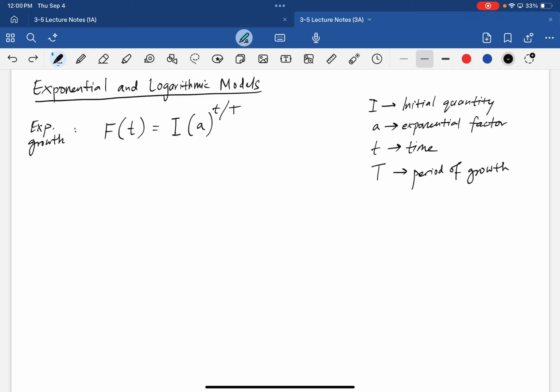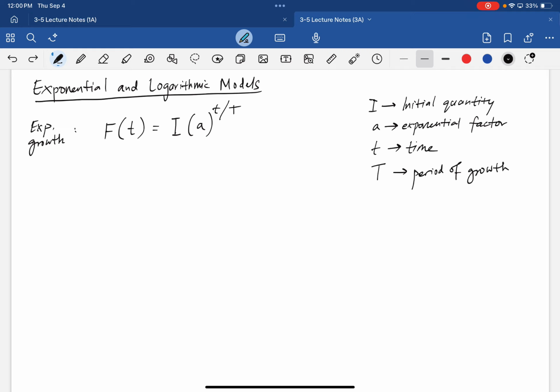So if we were to graph f as a function of t, it would look something like this, right? Our exponential function. Now, what kind of transformation would give us our decay function? Reflection around the y-axis, right? It would be a horizontal reflection across the y-axis.